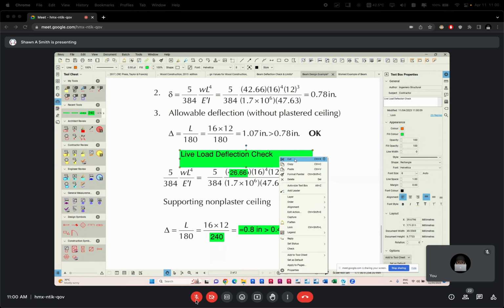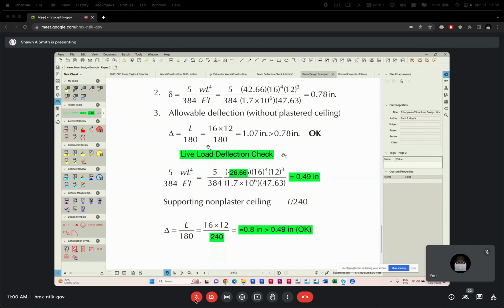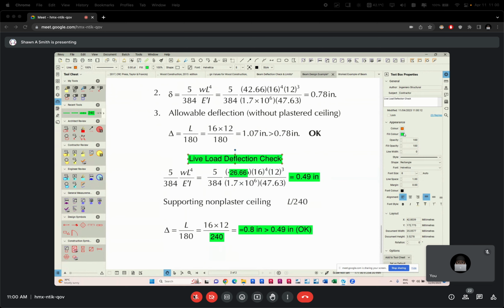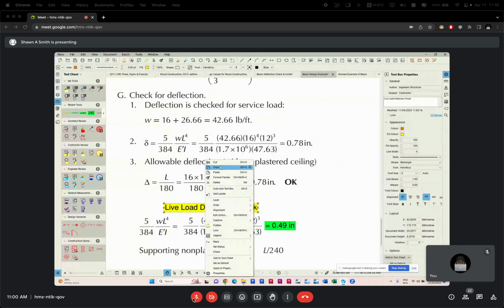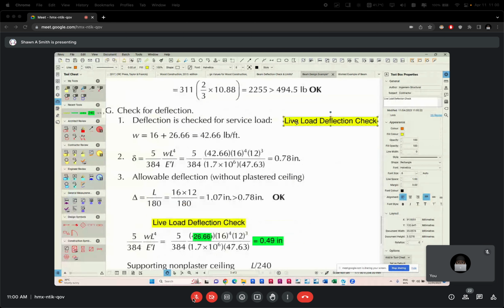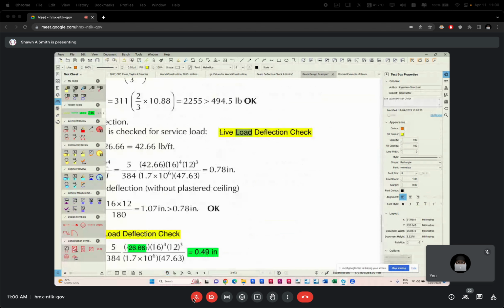That's live load. All right. So for those who are making your notes, make your notes like that. The first one is service loads, which you could put beside it, is really the total deflection. It's called total deflection.